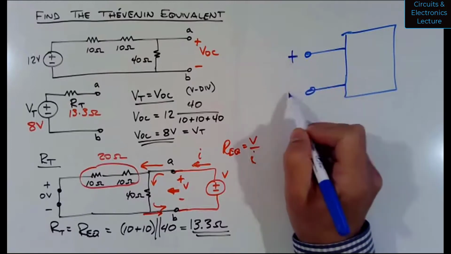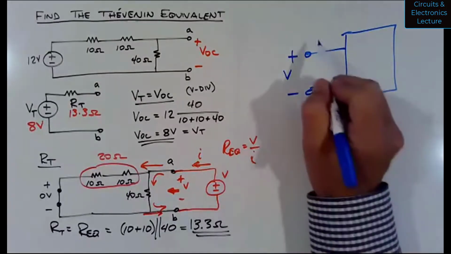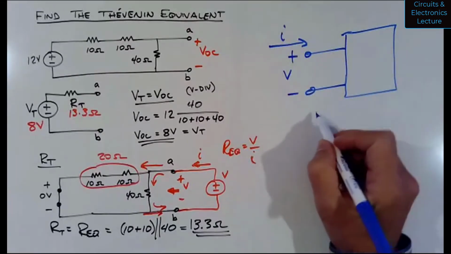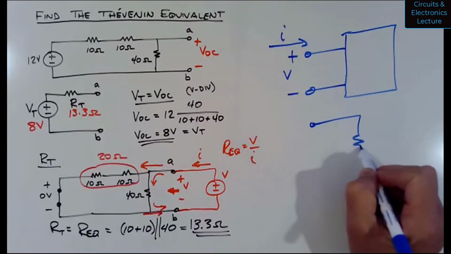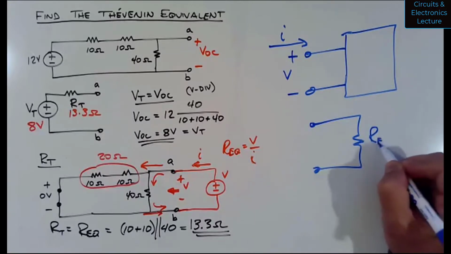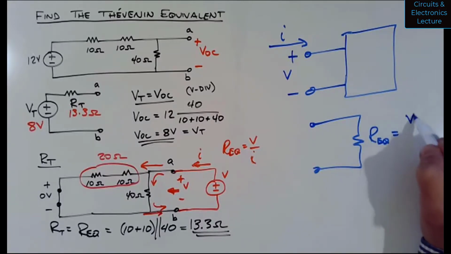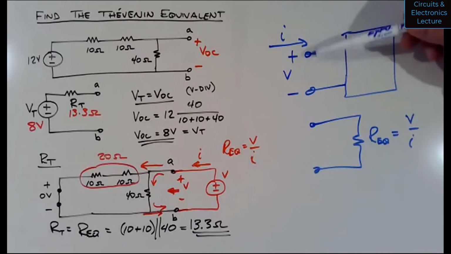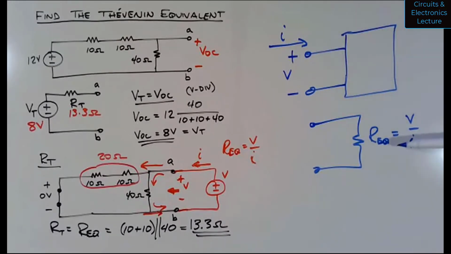That means if you were to apply a voltage and measure the current I, this would be equivalent to a resistor whose value, REQ, equals V over I. So if I replace this maybe complex resistor circuit with a single resistor whose value is V over I determined up here, that's what equivalent resistance means.